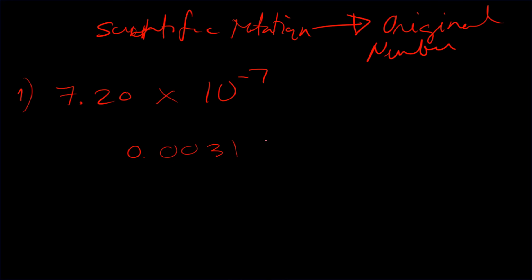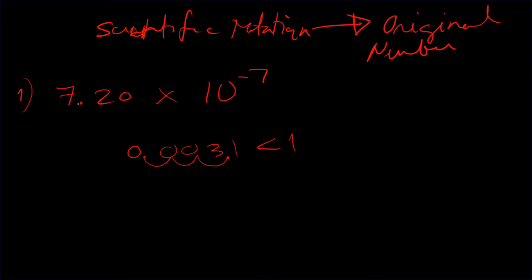So kapag kinonvert natin siya into scientific notation, we move the decimal place to the right. Now, if the scientific notation has a negative exponent, this original value must be less than 1.